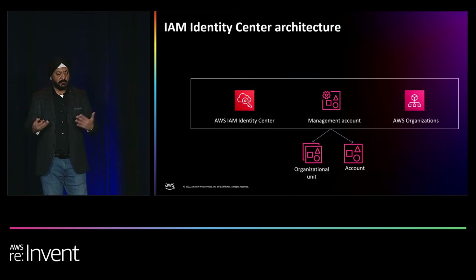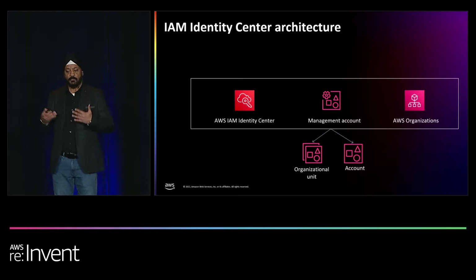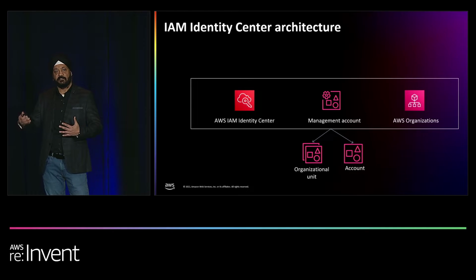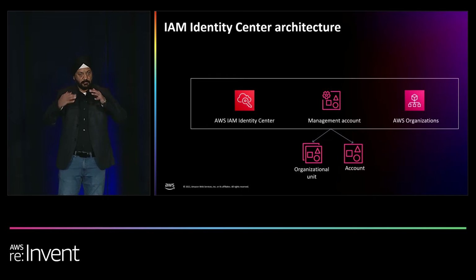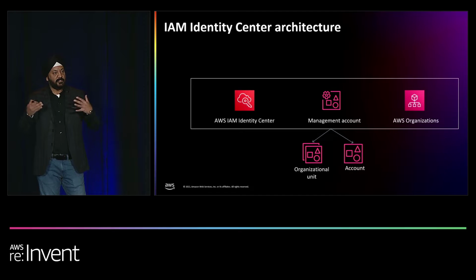So how does it basically work, right? So IAM Identity Center, if you look at it on your left side, as you have AWS Organizations, which becomes a more overarching service to let you adopt multi-account strategy. So you have a management account associated with AWS Organizations.